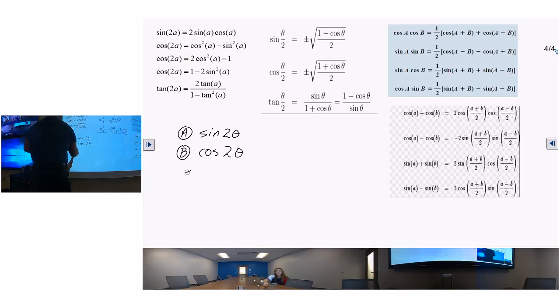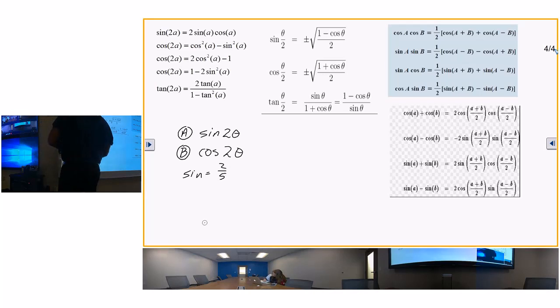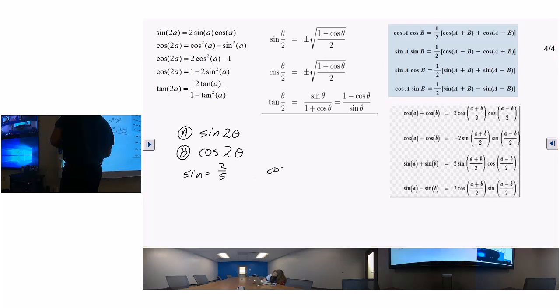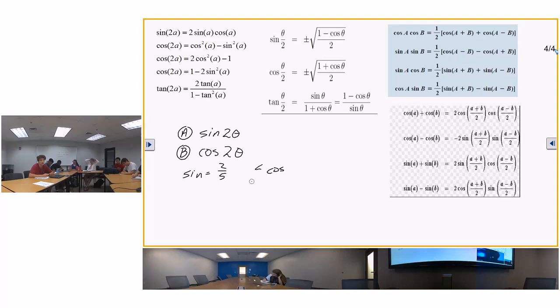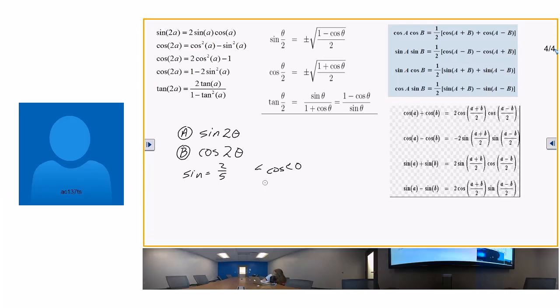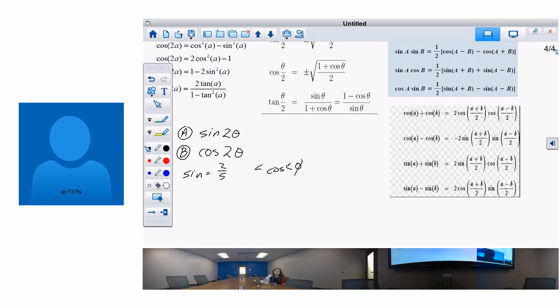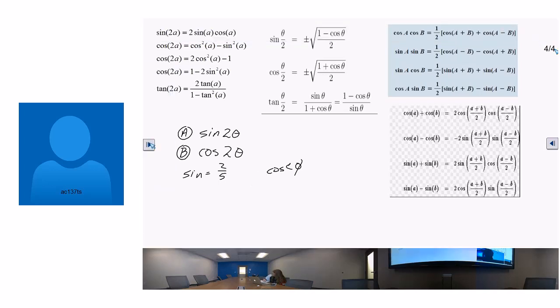The sine is equal to 2/5, and the cosine is less than 0, so that means that it is negative. This is what you're going to be given on a problem like this.